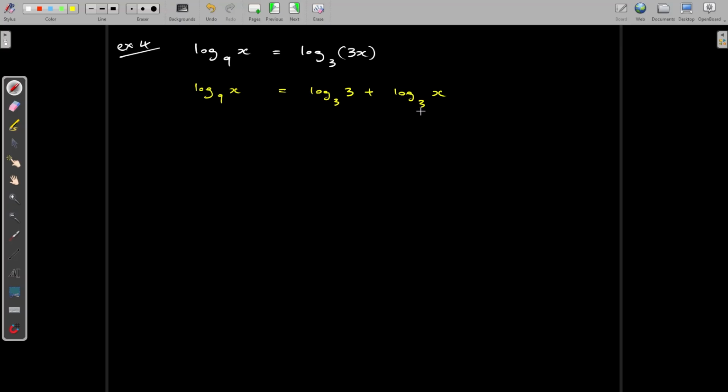So we have log base 3 here, log base 3 here. So it would be best to change from log base 9 to a log base 3 as well. Changing this to a log base 3 is going to be log base 3 of x over log base 3 of 9, which is 2. And that's equal to 1 plus log base 3 of x. Is everything clear up to this point?